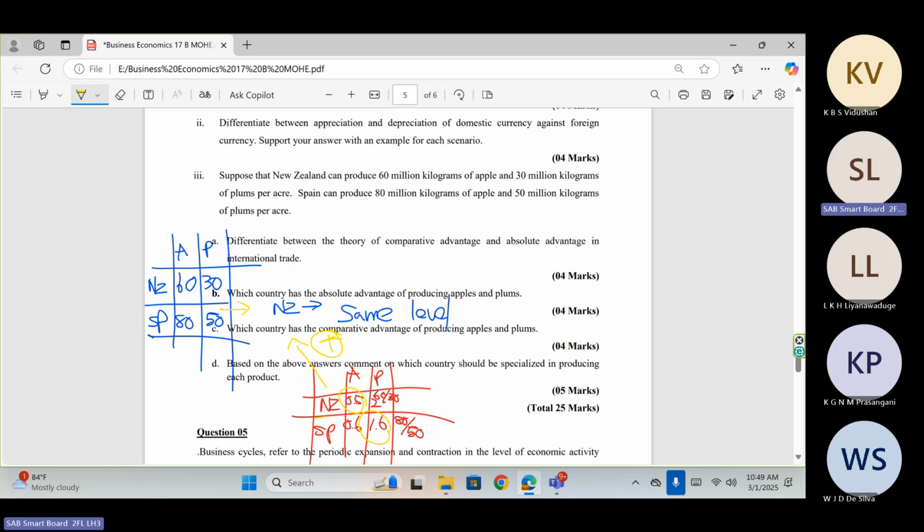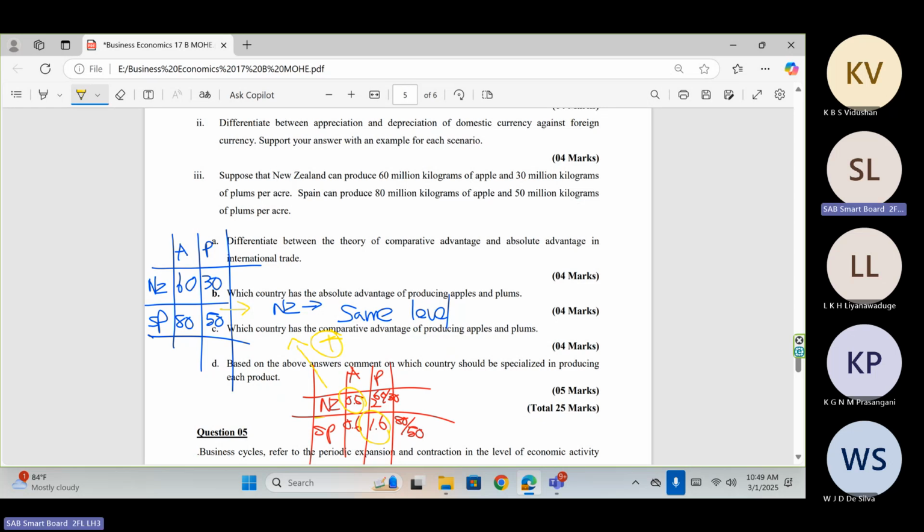That is a must, because the question is saying based on the above answers. You have to write down. Then your justification: by engaging in international trade transactions, the most relevant thing to consider is comparative advantage, not the absolute advantage.